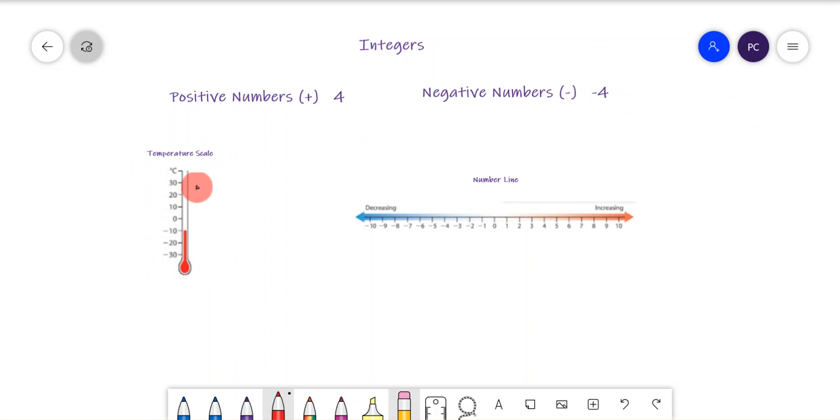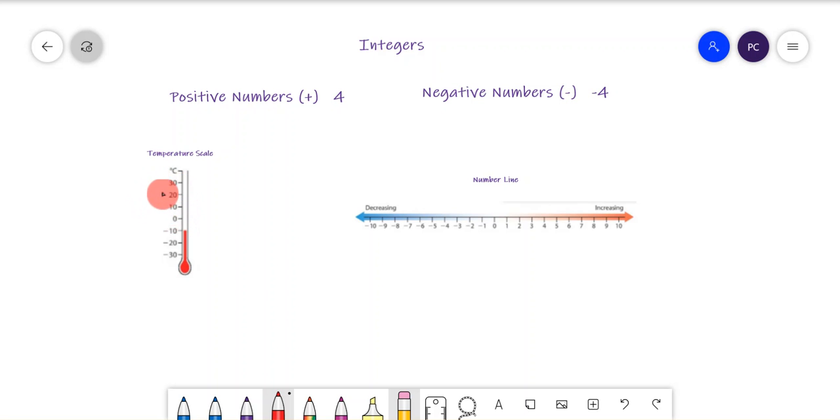So if we have a look at this thermometer here, we can see that we're using integers. We have 0, which is like the midway or midpoint. The positive integers are above or greater than 0. So we have +10, +20, +30.